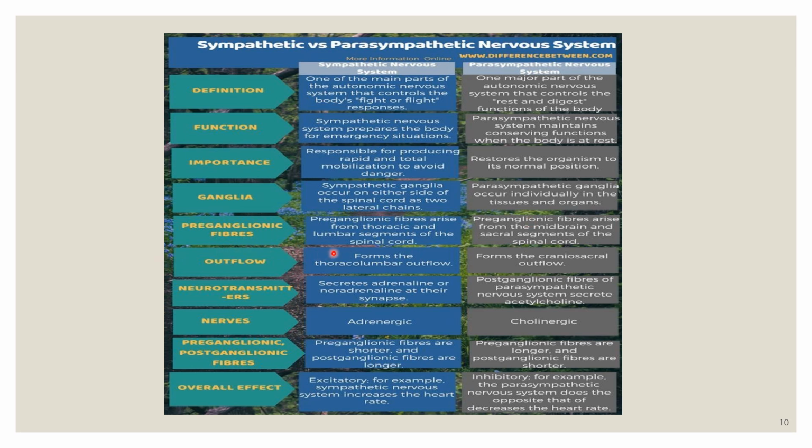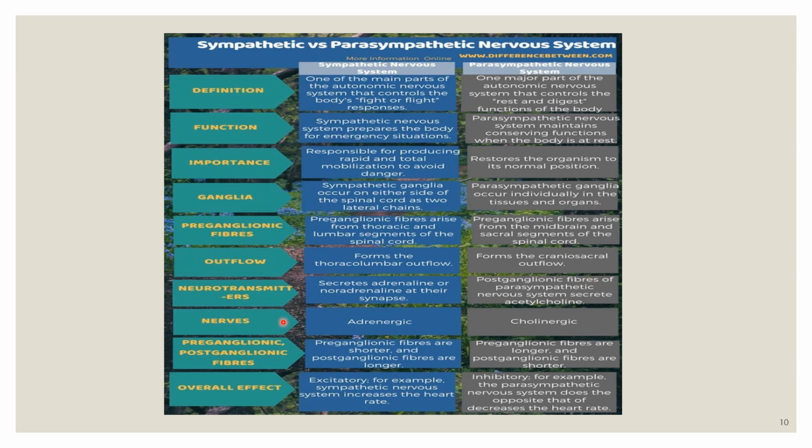The preganglionic fibers of the sympathetic nervous system arise from the thoracic and lumbar segments of the spinal cord, whereas here they will arise from the midbrain and sacral segment of the spinal cord. The outflow of sympathetic forms the thoracolumbar outflow, whereas parasympathetic will form the craniosacral outflow.